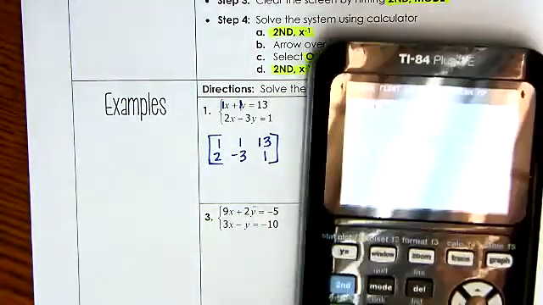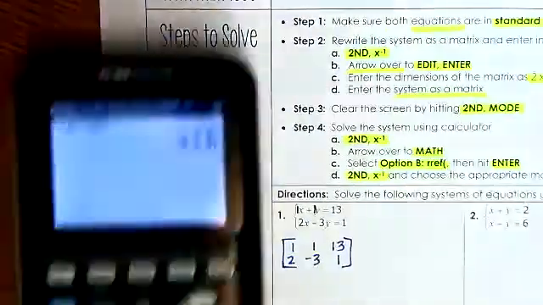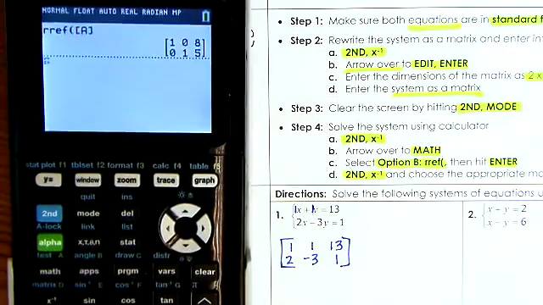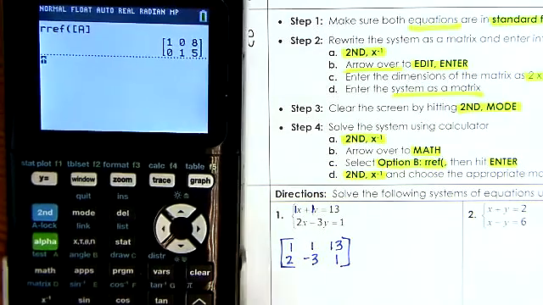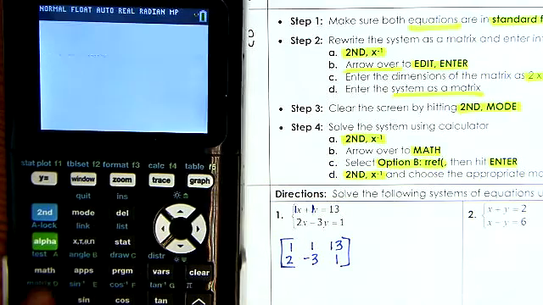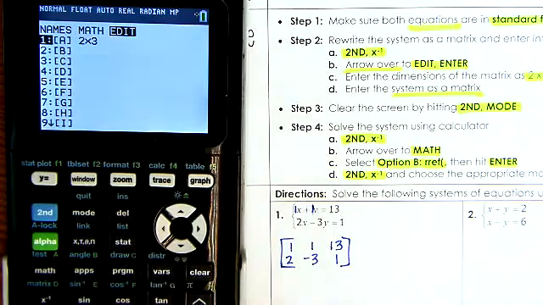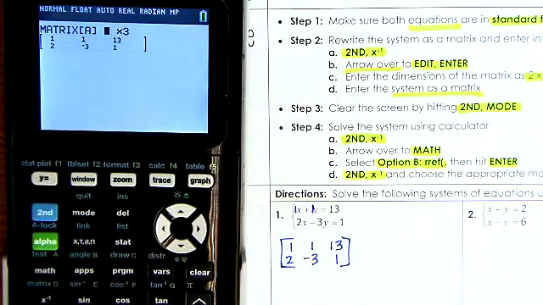Okay, so now, back over here, where we can see the steps at the same time as we're doing this. So I hit second matrix. We go over to edit, enter. I want a 2 by 3.